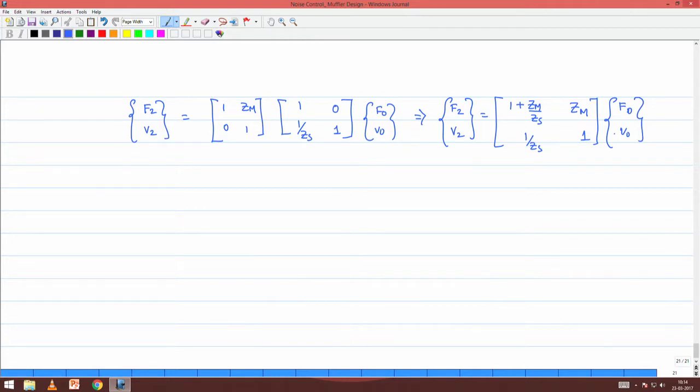So, this is the transfer matrix which relates the state variables between the upstream point and the downstream point.